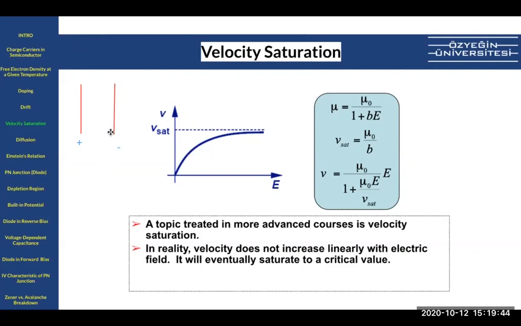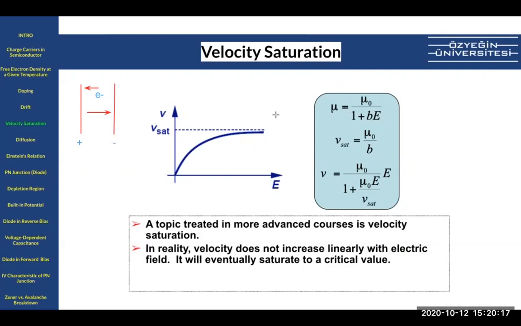Now this creates electric fields from plus to the minus. And when we put the electron here, E minus, this electric field starts to move this electron in this direction, because plus attracts minus. And this electron now starts to get faster and faster.